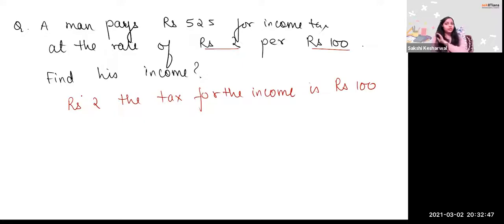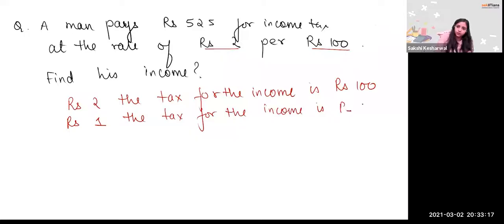Let's suppose my income is 1000 rupees, so how much tax will I be bearing? Every 100, 2 रुपए मैं दे रही हूँ. So I'll be paying 10 rupees, yes or no? 100 rupees के लिए 2, 200 rupees के लिए 4, 300 rupees के लिए 6, then 400 rupees के लिए 8, right?